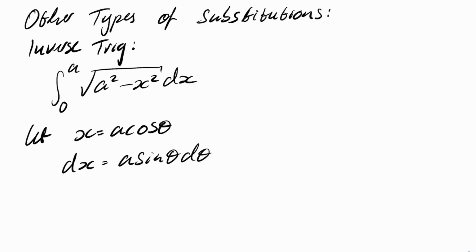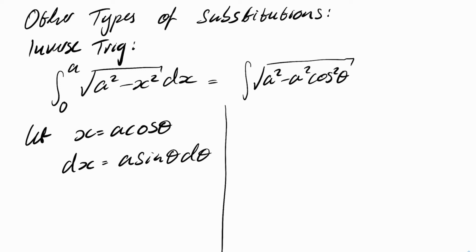What does this integral then become? Well, the integrand becomes the square root of a squared minus a squared cos squared theta, and the differential dx becomes a sine theta d theta, and we have a minus sign from the dx. So dx is minus a sine theta d theta.